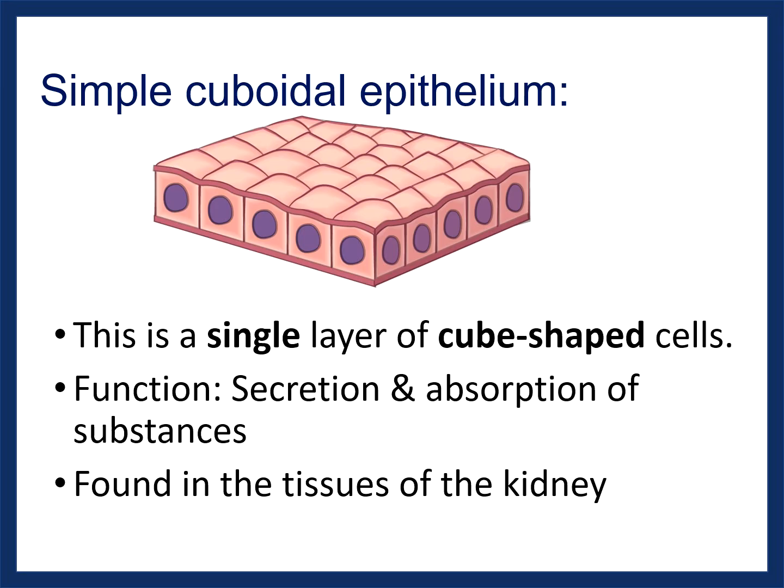So these cells are going to absorb things from your blood, and then they will secrete that certain substance into a duct, which will then collect and form your urine. So they will have to absorb those things from the blood and then secrete it out into another tube.